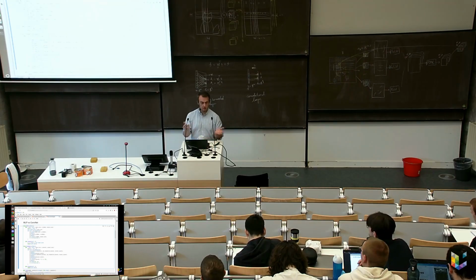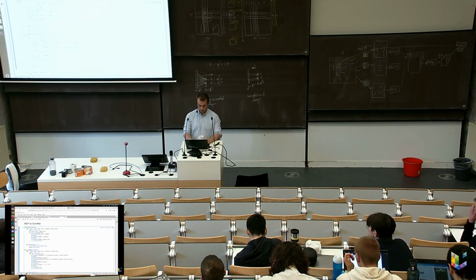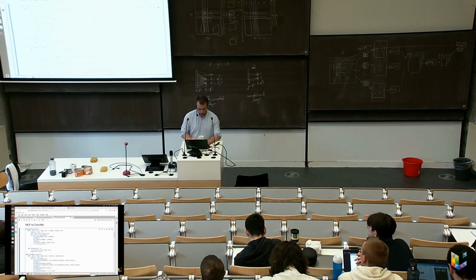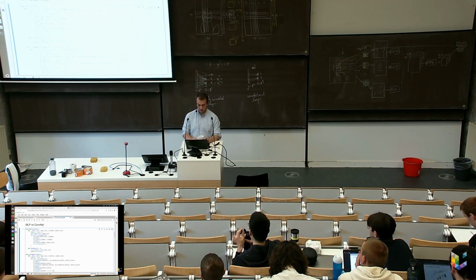The first one is just a regular MLP, as we have seen 3 weeks ago, and the second one will be a CNN, as we have seen today. For the MLP, I'm just doing as usual. I define a sequence of layers. The first one is a linear layer, mapping my vector of size input size to n hidden values.